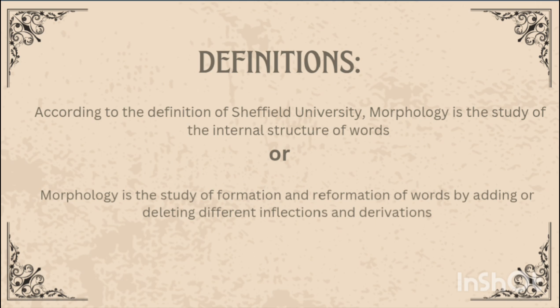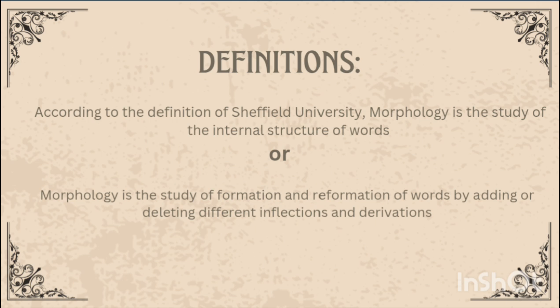I will teach you later in another video what linguistics is and what the other branches of linguistics are as well. The second definition is based on my understanding: morphology is the study of formation and reformation of words by adding or deleting different inflections and derivations. So morphology means formation and reformation.